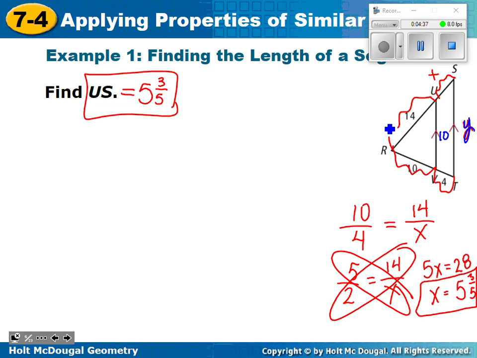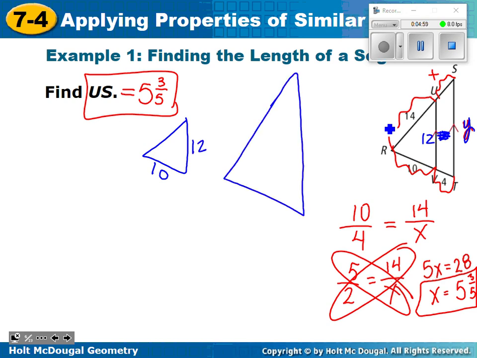You're going to have to go back and draw it and look at the old way that we did it last class period, small triangle to big triangle, because you cannot compare the parallel sides with this shortcut. So you would just simply redraw a little triangle, and this is 10, and I should probably pick a different number then. Let's say this is 12. So 10 and 12, and then you would do the big triangle, and this is what?